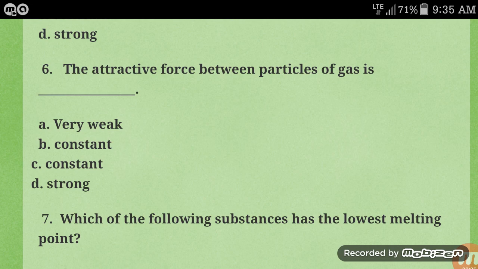And we all know that gases have too much space in between their atoms or particles. So that means they can move that much. Okay, so there is no such thing as a very strong force that packs them together, because they can move.